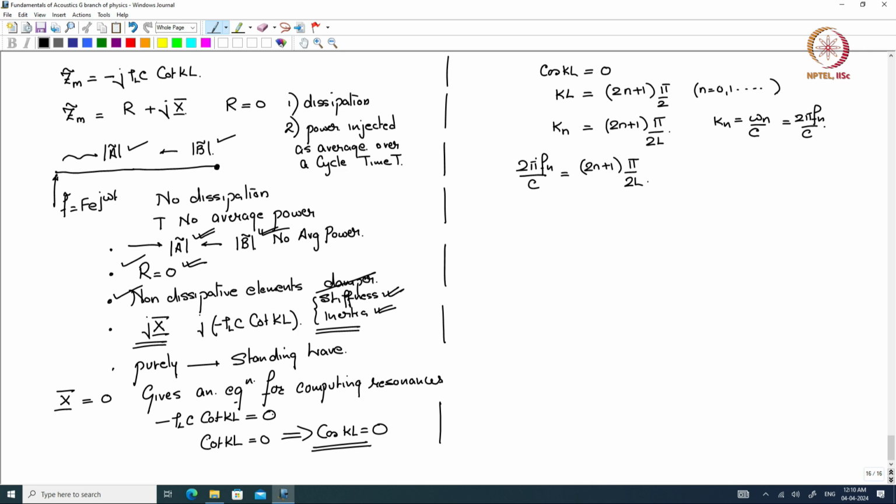So, that my Fn in hertz, the resonance frequency in hertz is given by twice n plus 1 C by 4 L.